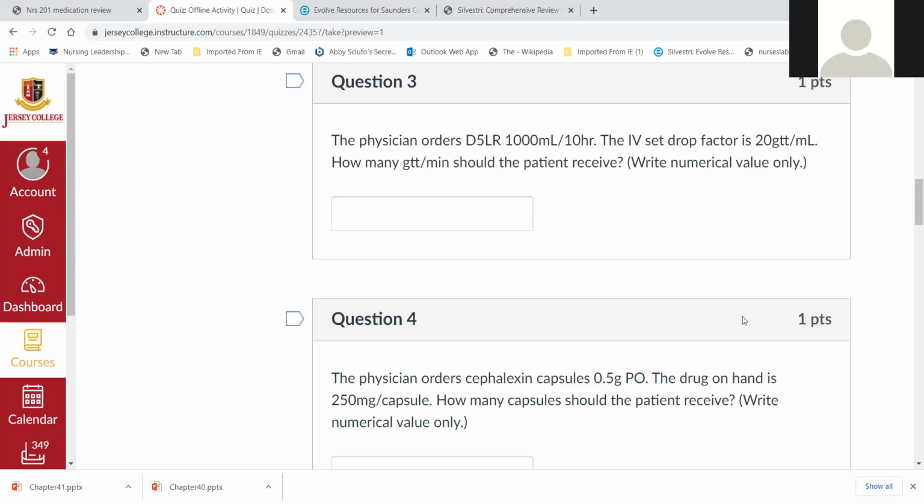You said multiply it times 60. Right, and that's going to give us 600 minutes. So now we have 1,000 mLs divided by 600 minutes, and then we multiply that answer times 20 because that's our drop factor. For these questions, it's always total volume over your total time in minutes times your drop factor. And it's always rounded to a whole number because we can't give partial drops.